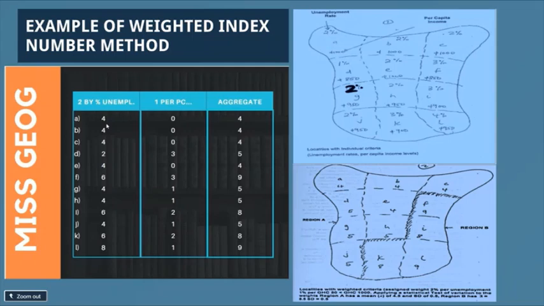Then when we get to the second column, per capita income indicates development. So if a region is having higher per capita income, it signifies development. And in this case, we manipulated our formula such that if a region is having high per capita income, its value will be less.